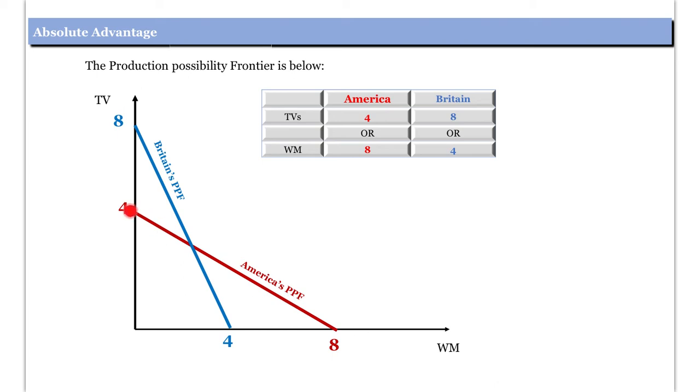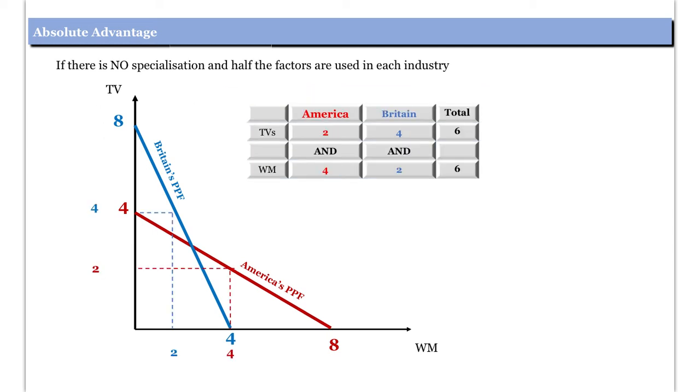If they started here and they wanted washing machines, they'd have to give up some televisions in order to produce those washing machines. Britain, on the other hand, you can see that they can produce their 8 televisions, or 4 washing machines. And so, again, if they started here, they would have to give up some televisions in order to gain some washing machines. Typical PPF.